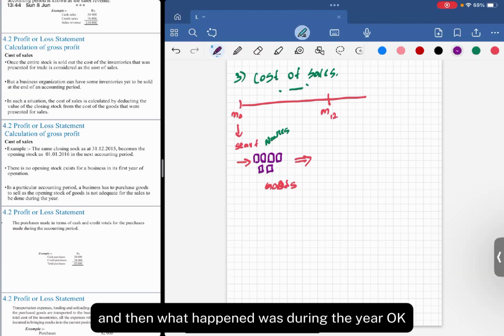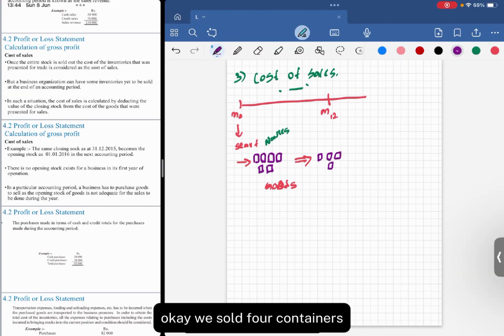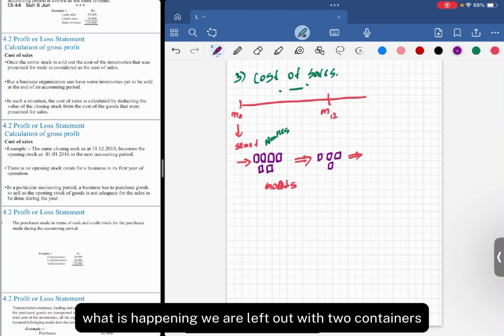And then during the year, we sold, let's say, 4 containers. And then at the end of the year, we are left with 2 containers.